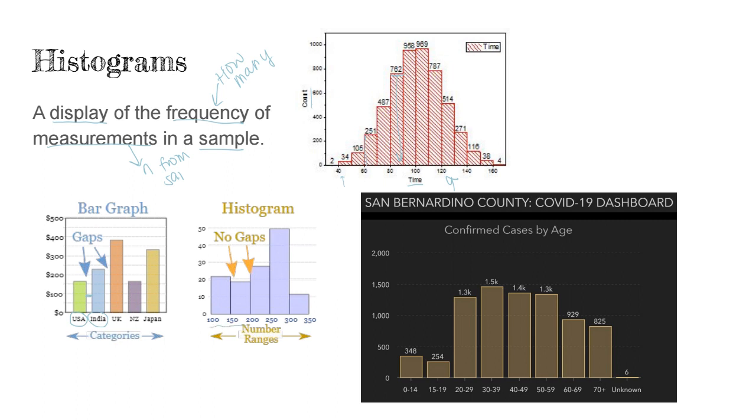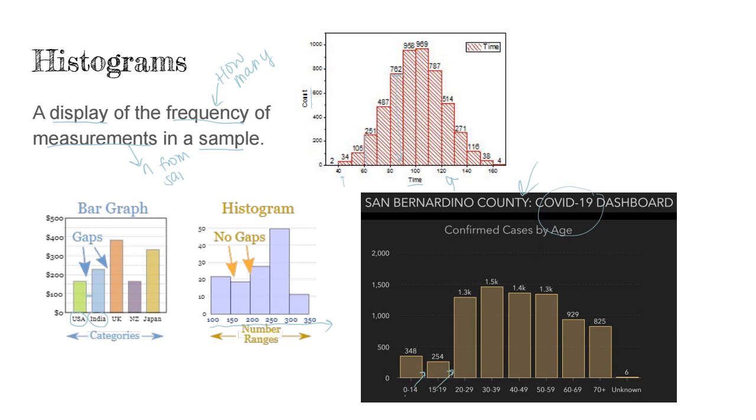Let's look at this example of a histogram that I found on the County of San Bernardino website. It is telling us how many cases of COVID there are in the county by age. And I wanted to point out a mistake. They put gaps between their bars.